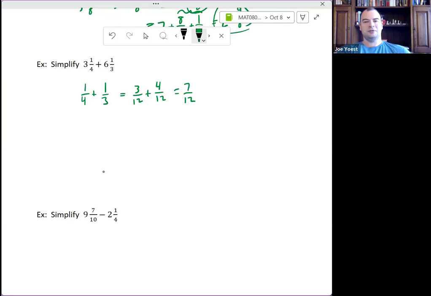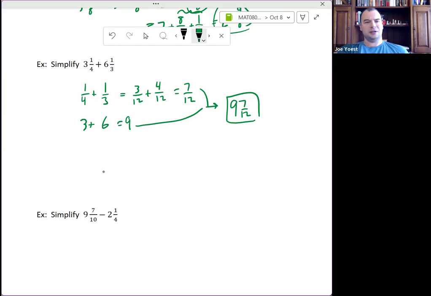So I have just 7/12 of a pizza from the fractional parts. Then I add my wholes together, 3 plus 6. I don't have any extra wholes from the smaller slices being added together. That is 9. And then I just stick these together, 9 and 7/12.